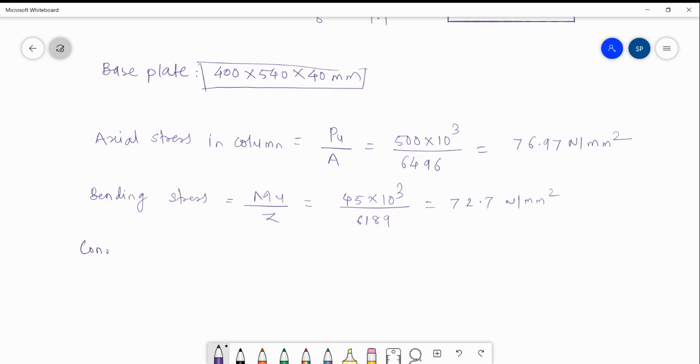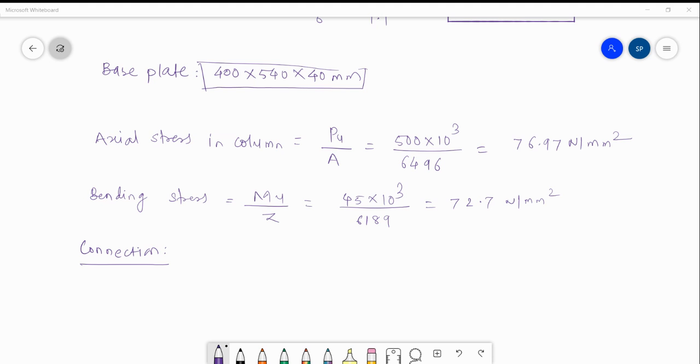When we talk about connection between base plate and column, it is just required to hold the column and base plate intact in connection with each other. As the column is not subjected to tension at any span throughout the length, the connection needs to just keep these two things in connection.